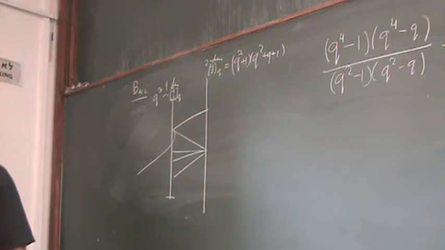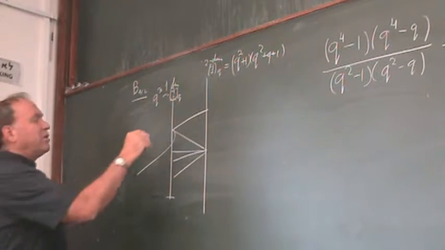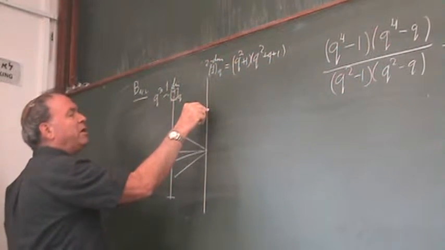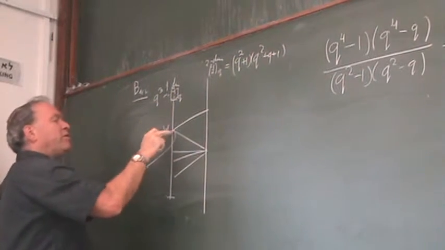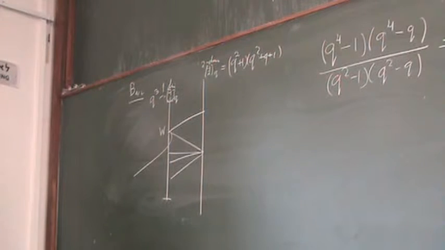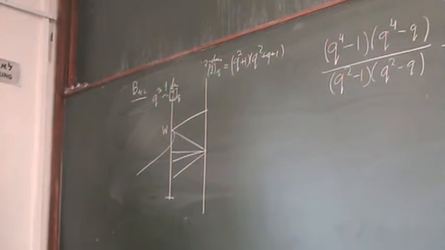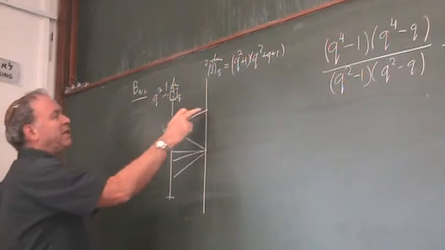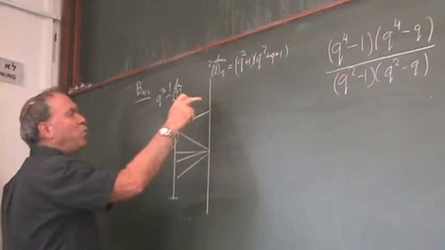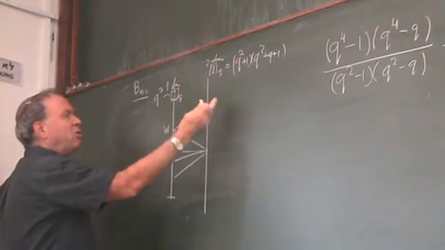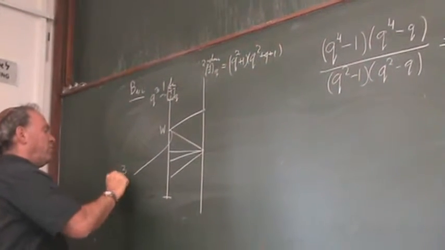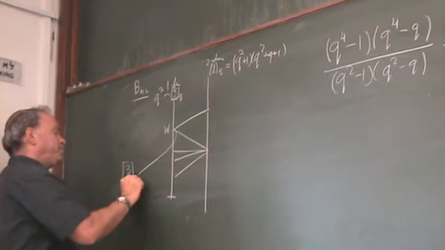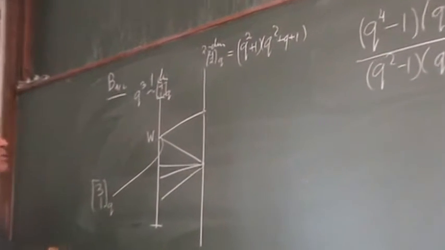This is the degree. This is exactly the number of one-dimensional spaces of the quotient. So the degree is 3 over 1, which is approximately q squared.